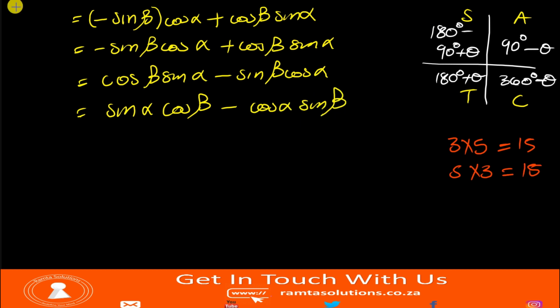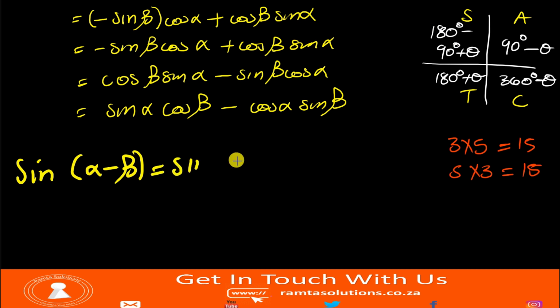Can you see that? So what we are trying to say is that sine alpha minus beta is equal to sine alpha cos beta minus cos alpha sine beta.